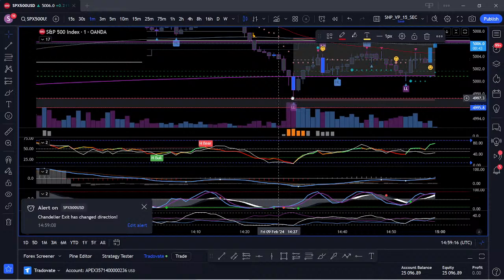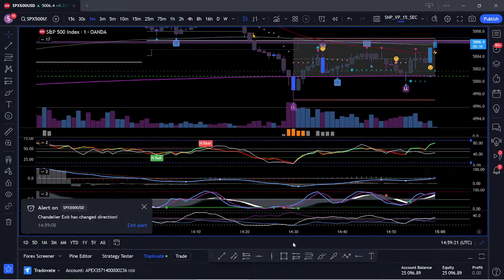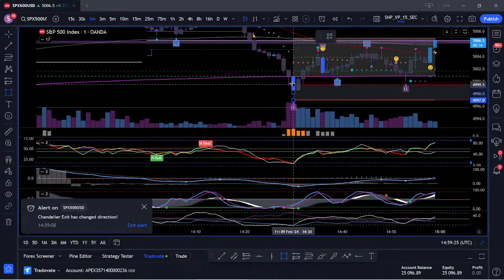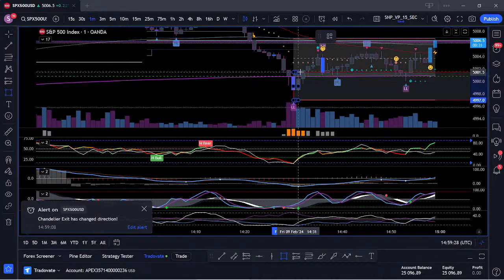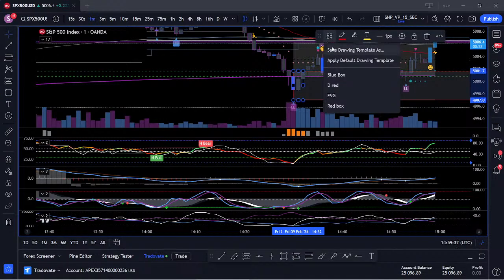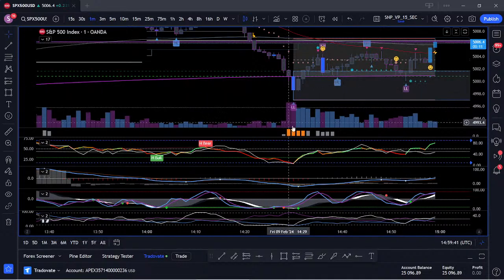It means we take this one, and this is a zone of buyers. These are the buyer zone. They have consumed the whole thing of this bar.